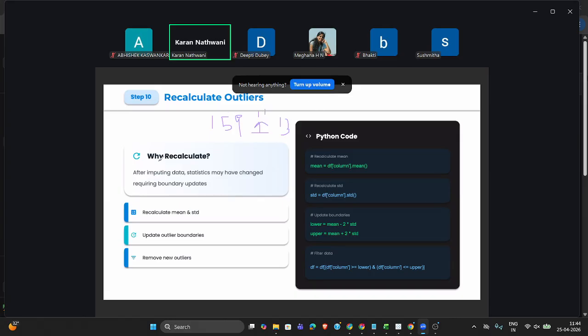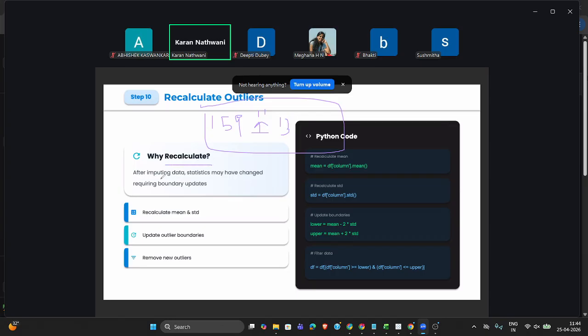Now, can you calculate? This calculation is done to check whether this whole set, 1, 5, 9, 11, 13, has outliers or not. You understand my point?